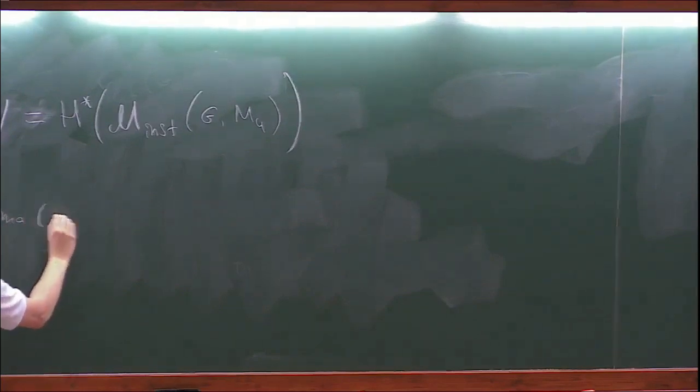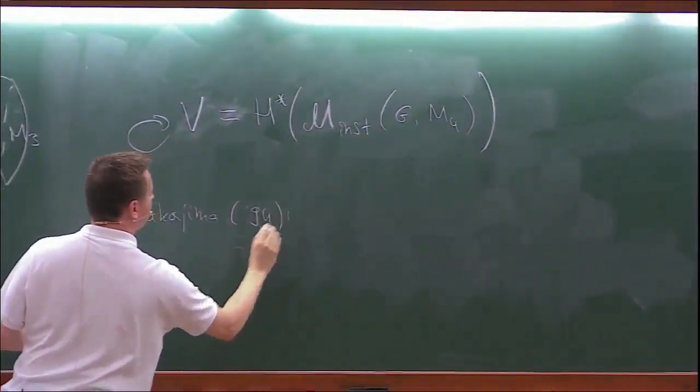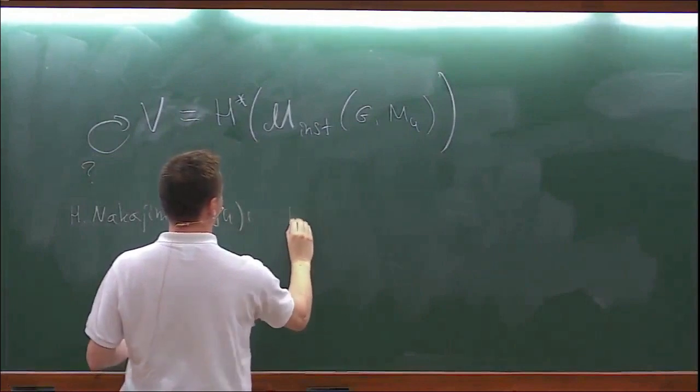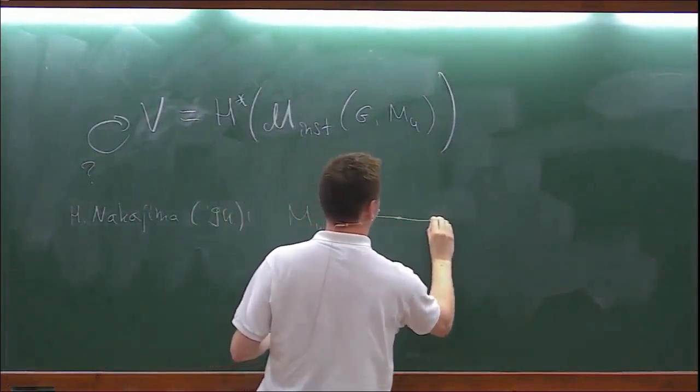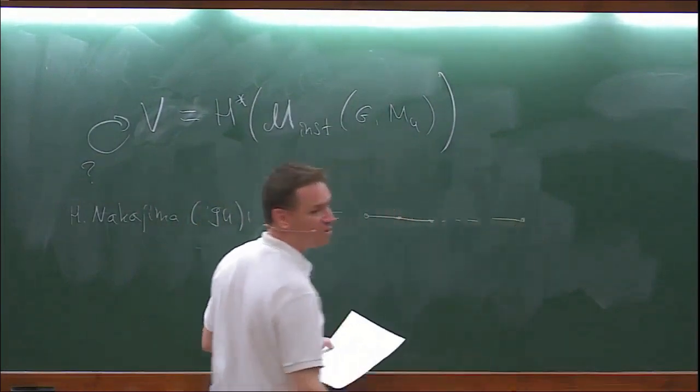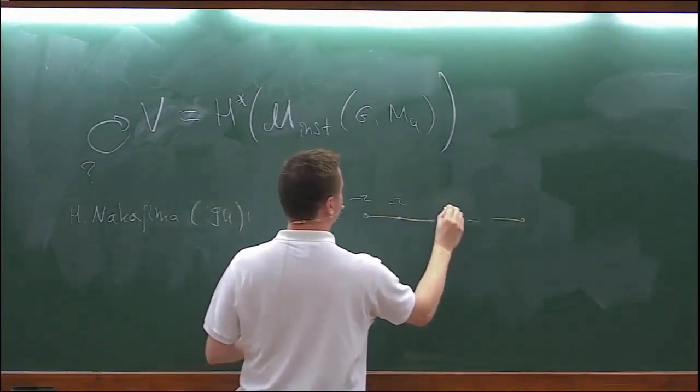And Nakajima answered this question in 1994 when he considered a four manifold of the following type. It's a linear graph in our notation with all the labels being -2.